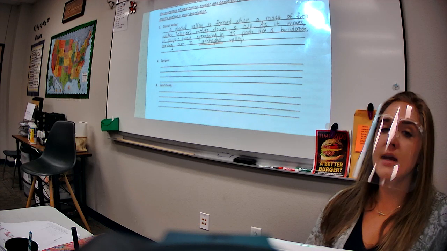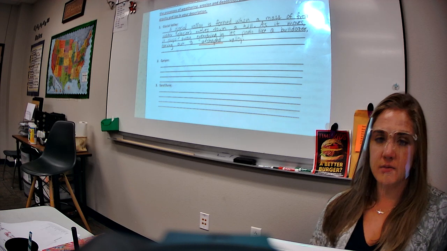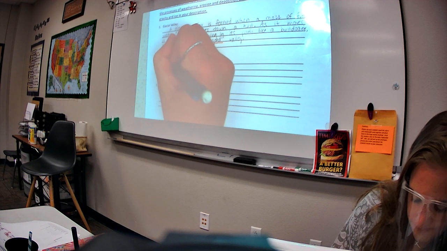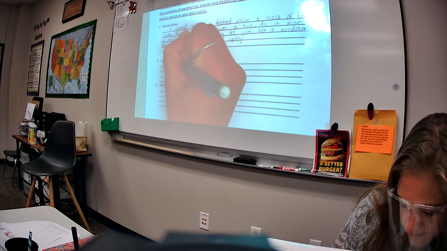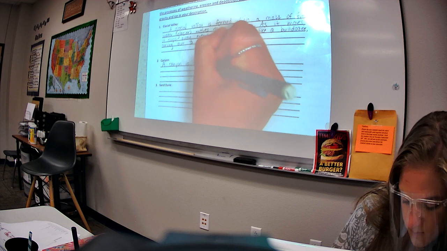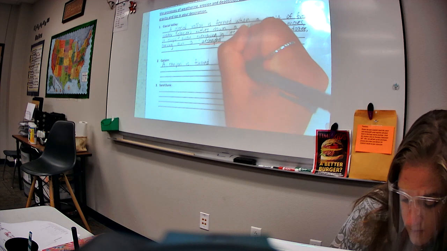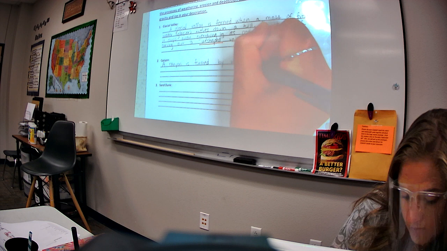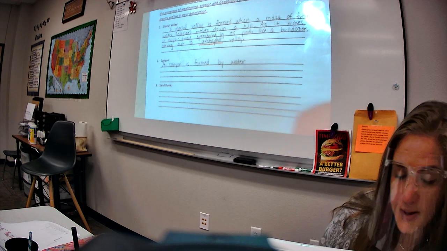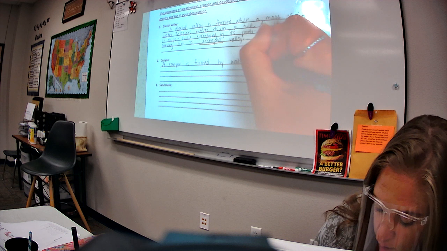All right, canyon. A canyon is formed when? How? Ian? A canyon is formed by water slowly eroding the top so it's deeper and deeper. Okay. So it's formed by water flowing over flat ground.